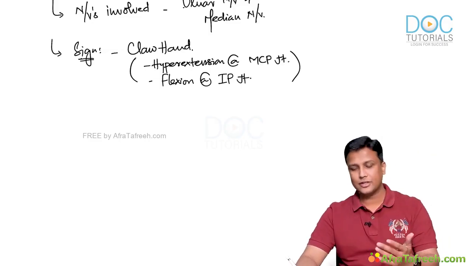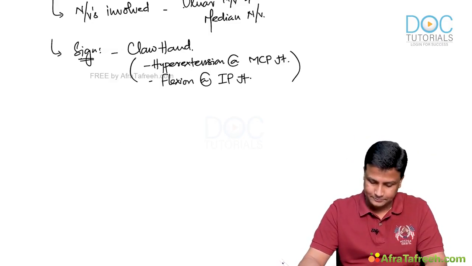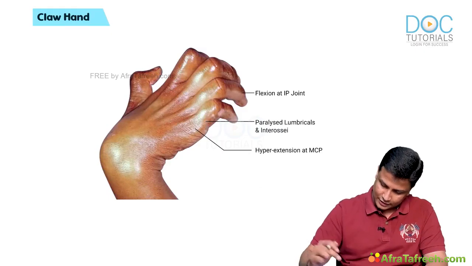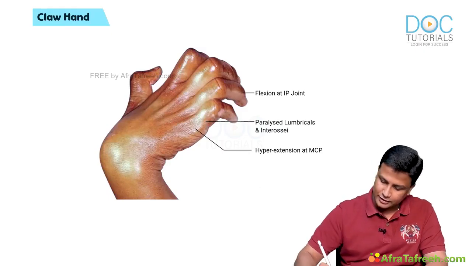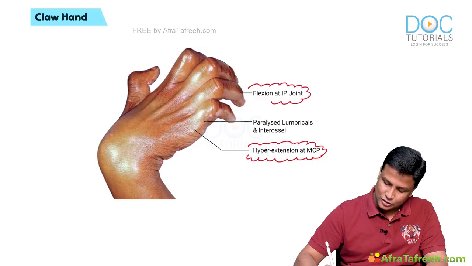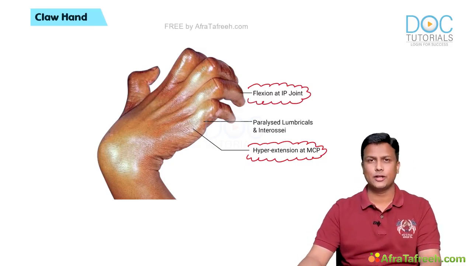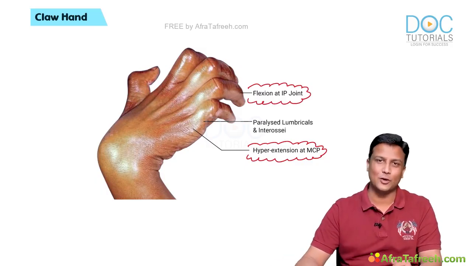I'll just show you the picture here. This is how it looks. You can clearly appreciate the hyperextension at the metacarpophalangeal joint and the flexion at the interphalangeal joint, mainly involving the lumbricals and interossei, because your ulnar nerve and median nerve are gone, guys.